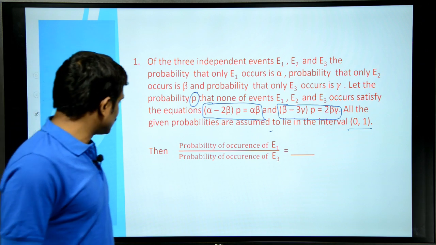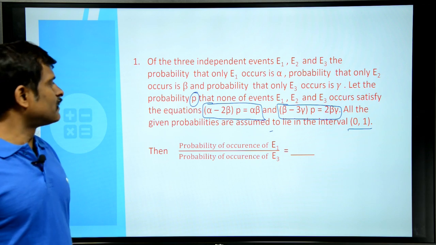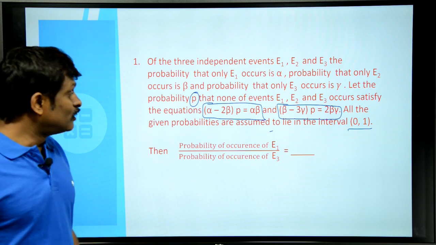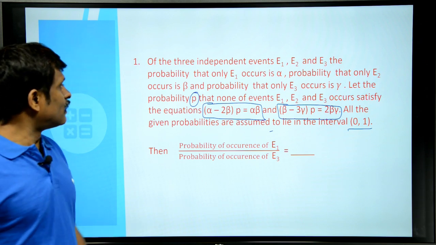Then what is he asking? Find the probability of occurrence of E1 by the probability of occurrence of E2. So you have to find probability of E1 by probability of E2. You might think it is alpha by beta.